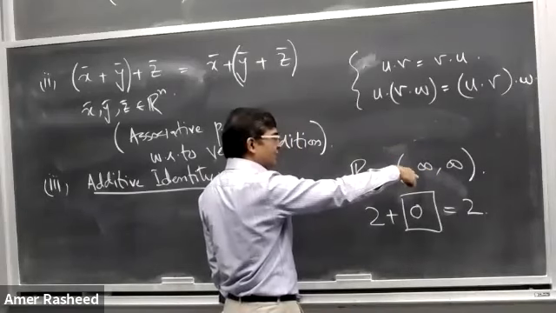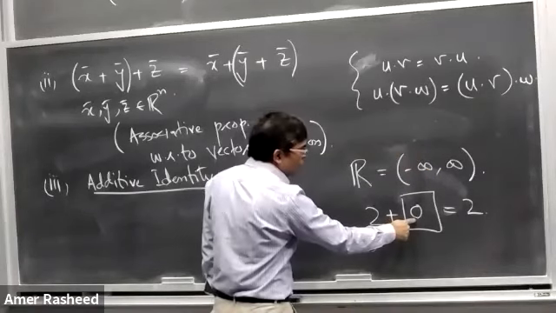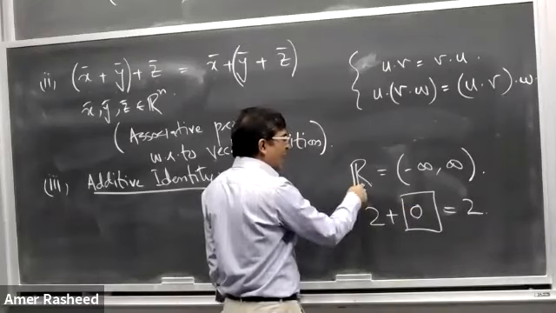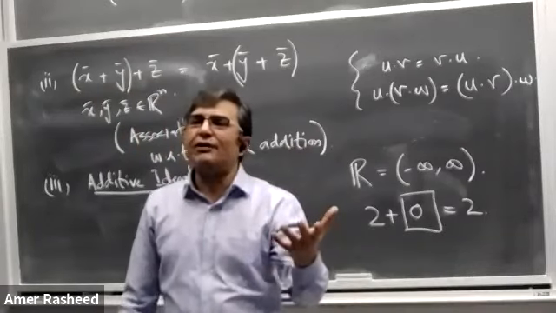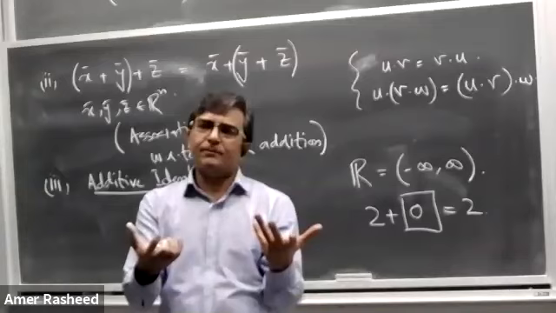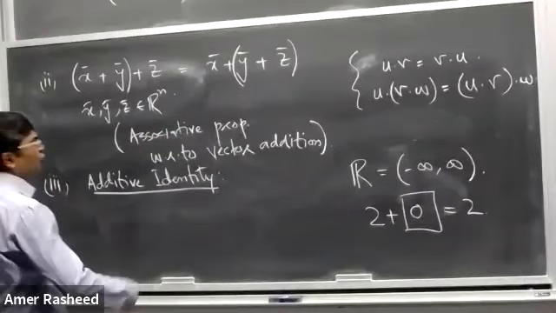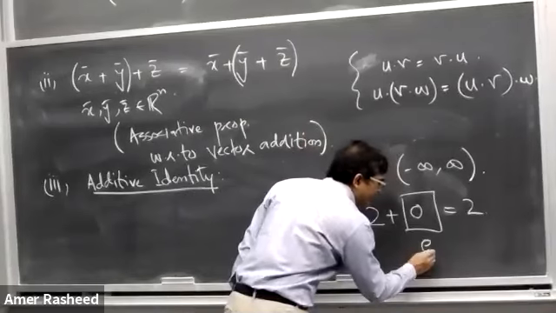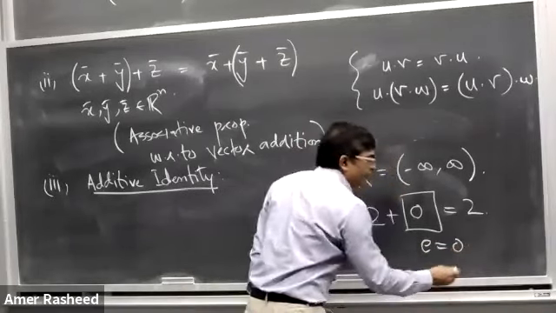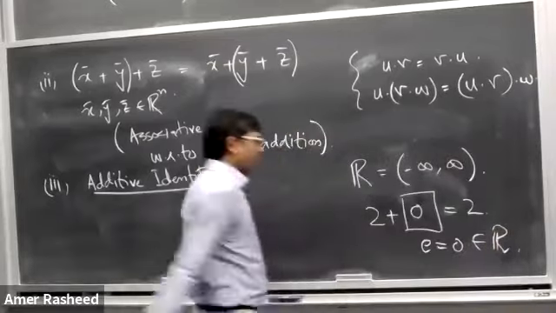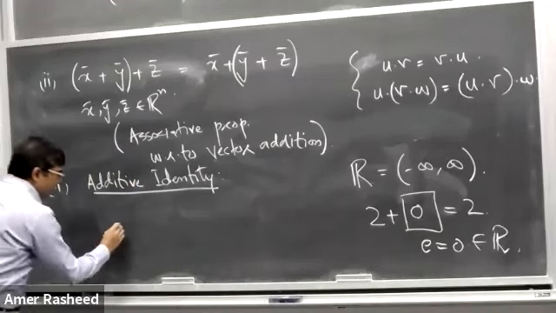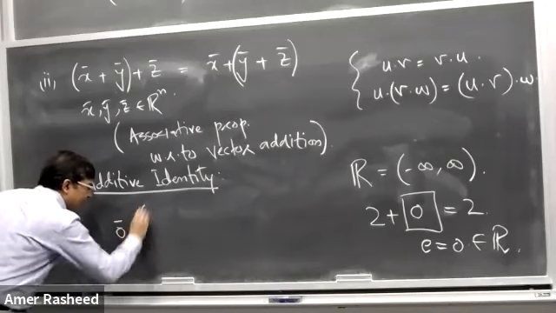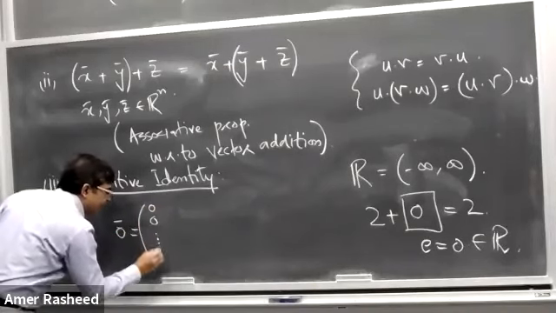Okay, this is a set; now we call it a space. So 0 is the additive identity in R, because whenever we add 0 to any non-zero element of R, it gives us the same number. Usually we denote identity by the letter e, and e is 0, which belongs to R. What is the additive identity in vectors in Rn? We define it as the zero vector, and it has all the entries 0.